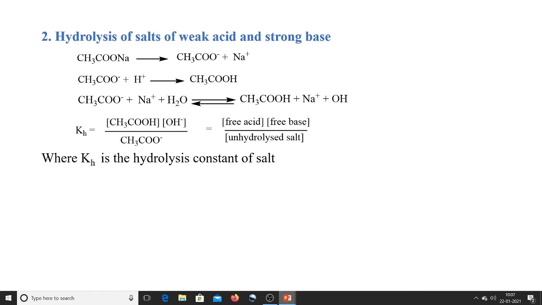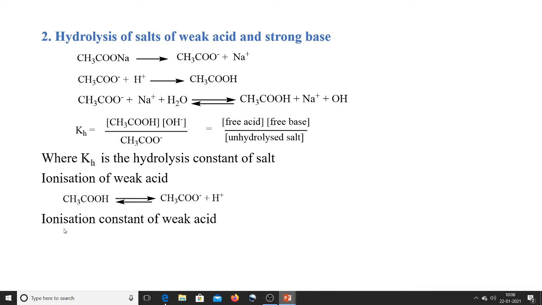Now, to maintain the hydrolytic equilibrium of salt, we have to satisfy two more equilibria. First one, ionization of weak acid. So how to ionize acetic acid? CH3COOH dissociate into CH3COO minus plus H plus.